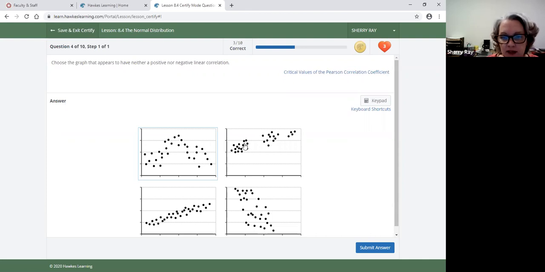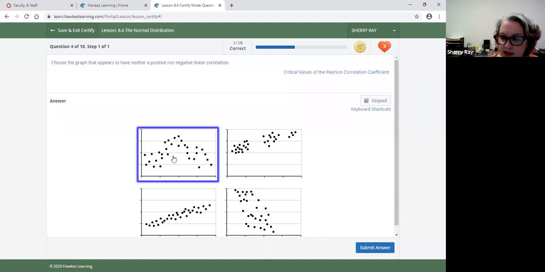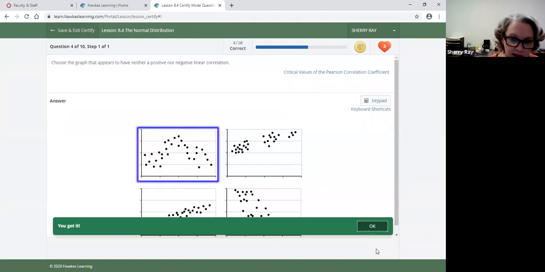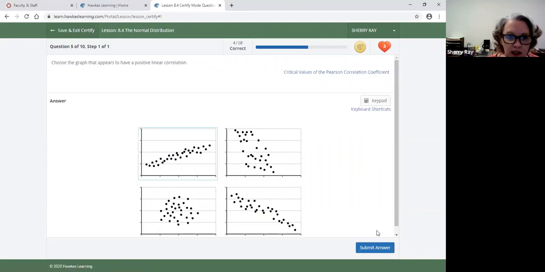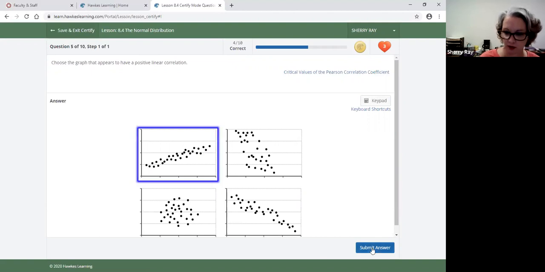If our graph is going up on the right, that's a positive correlation. Down on the right, we have a negative correlation. And this one here is kind of going up and down, so neither negative nor positive correlation. Here's another one. Choose the graph that appears to have a positive correlation. The one that's going up on the right would be this graph here.